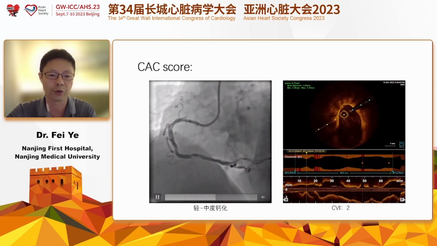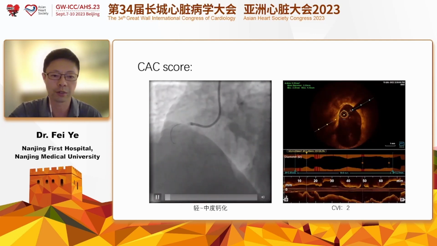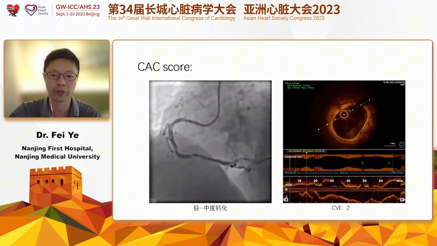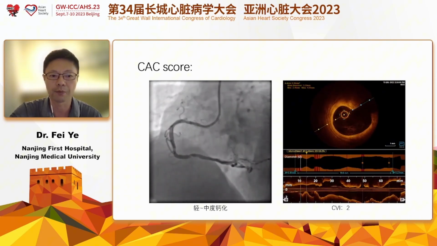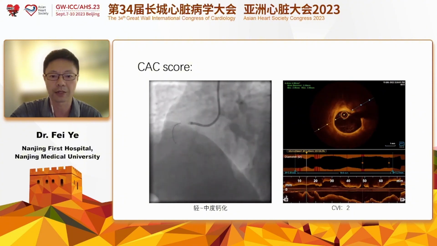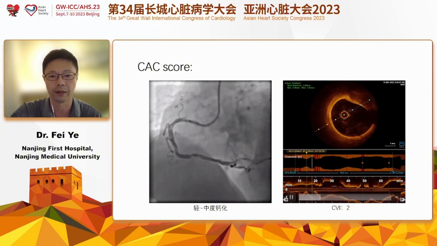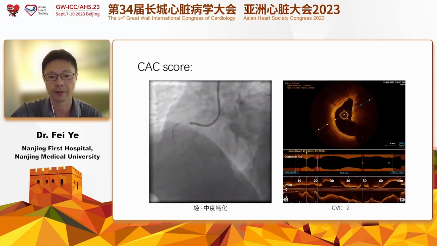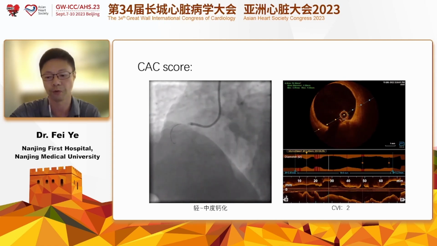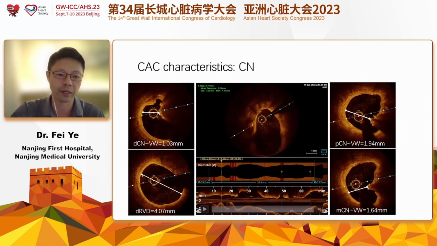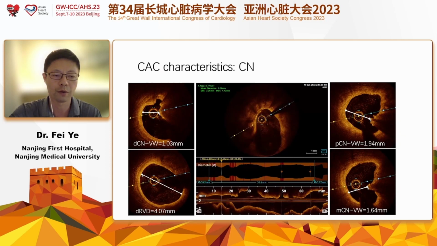So we tried to treat the distal RCA first. We checked with OCT. The OCT finding made it very easy to see the culprit lesion with severe calcification. Look here, here is the luminal calcification, and we can also find micro thrombosis formation here. We checked the distance from the tip of the calcification to the opposite media. The distance was about 1 millimeter.